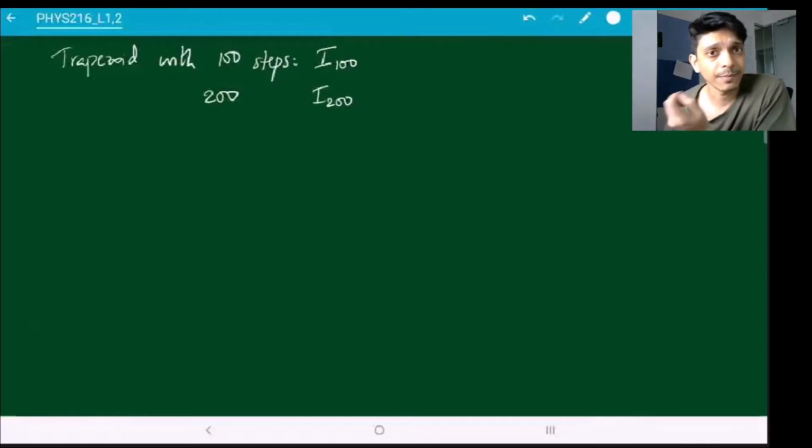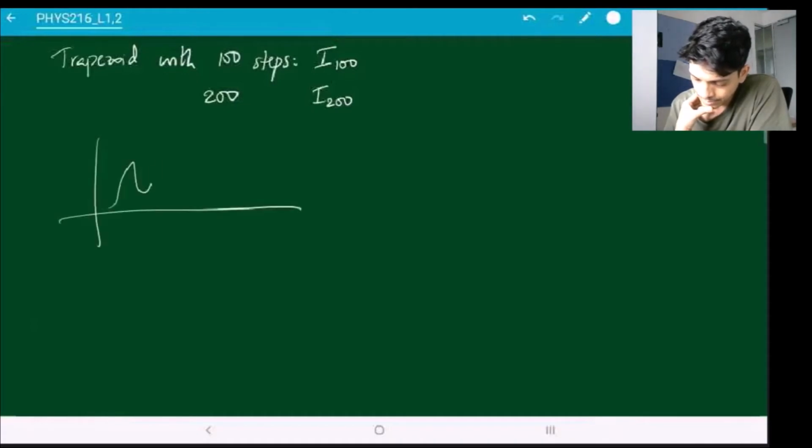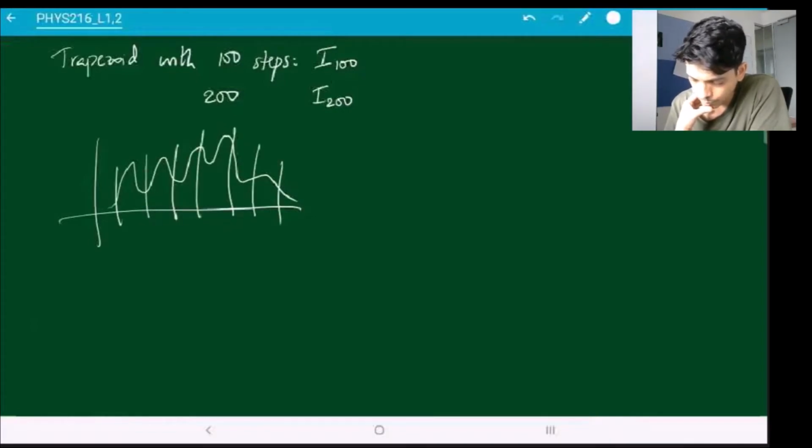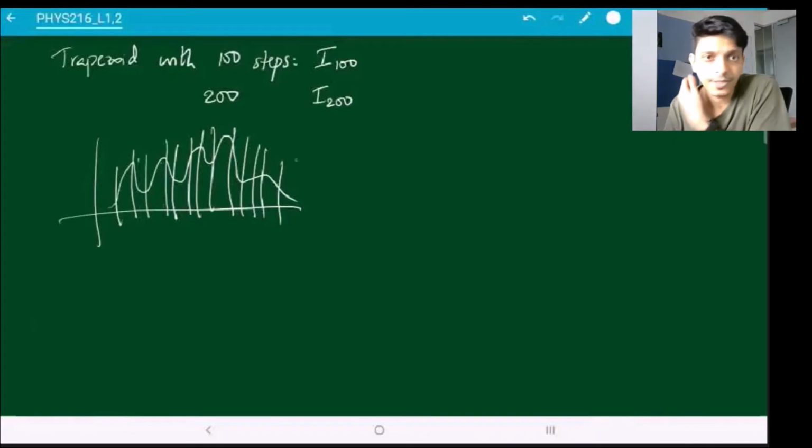But if you find that by taking extra points, your answer is changing substantially, it means that there are some features in your integrand that you have not taken care of. It means that there are some finer features which you would not see if you just took a few steps. That's why when you took more steps, you saw more of these features. If you take even more steps, your answer will change even more because you're sampling more different features.